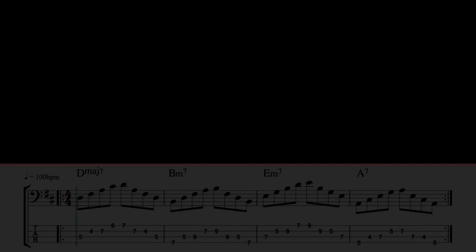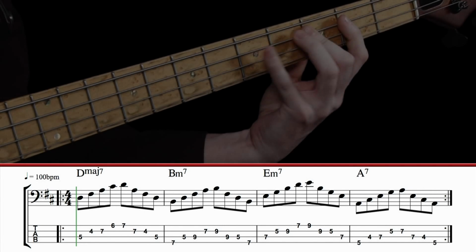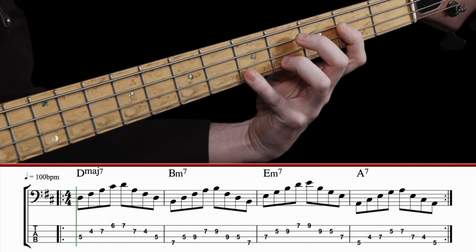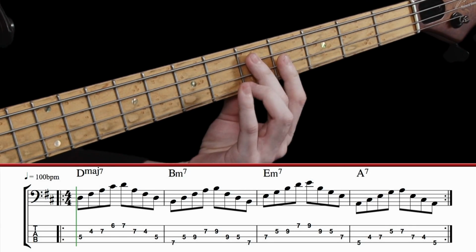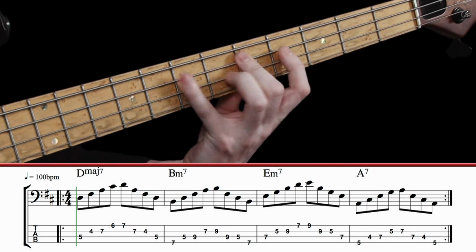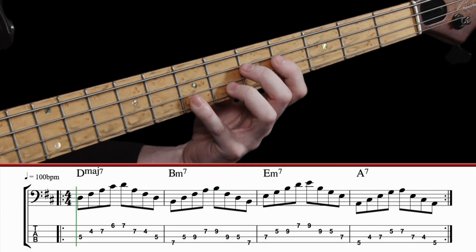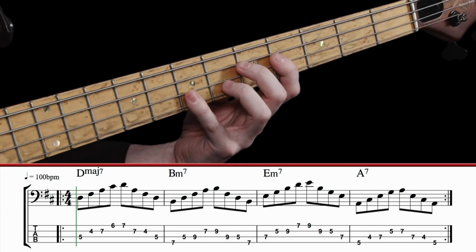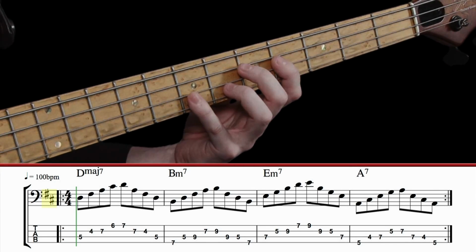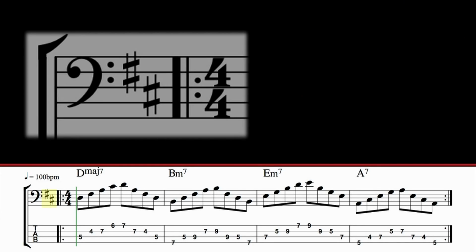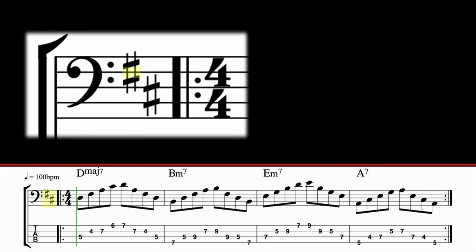Here's the notation for our next exercise. As you can see from the chords, we've changed key here, from C major to D major. This change of key can also be noticed by the addition of these sharp symbols onto the stave. Looking at these more closely, you can see that they sit on a line and in a space.